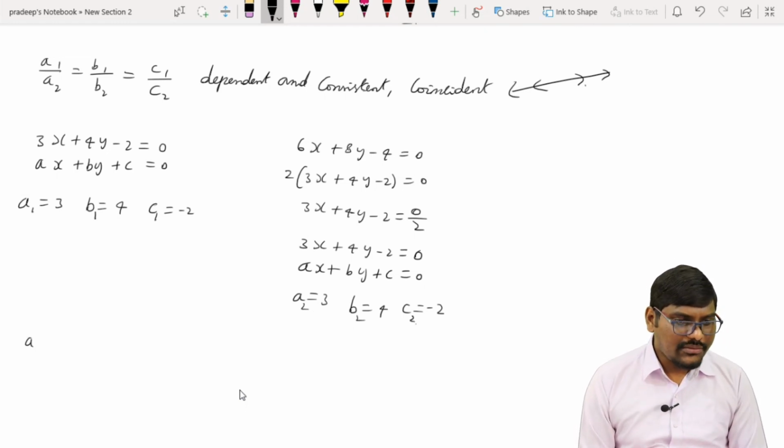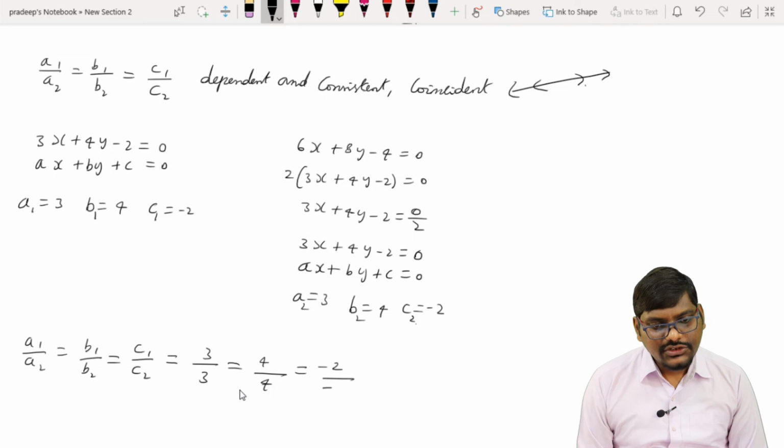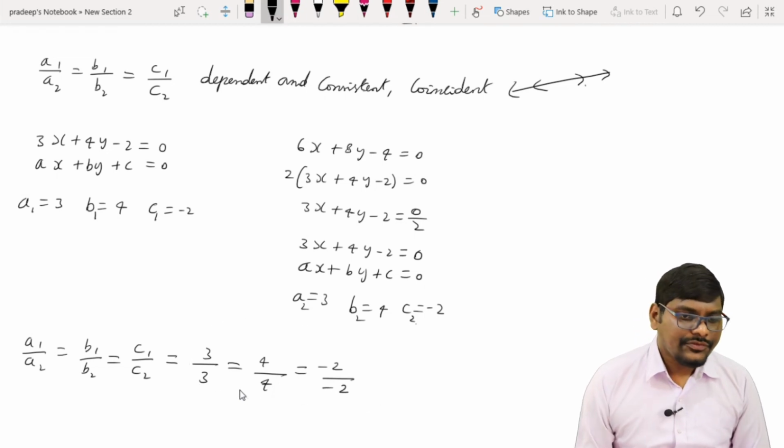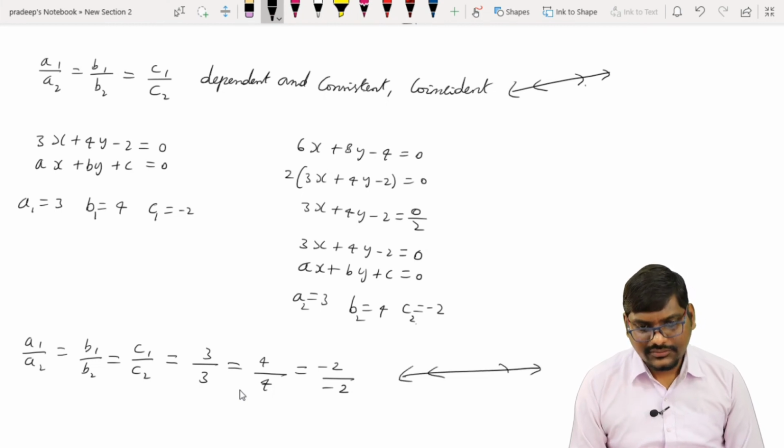So let's write in the format a1 by a2 is equal to b1 by b2 is equal to c1 by c2, where that will give a1 is 3, a2 is also 3, b1 is 4, b2 is also 4, c1 is minus 2, c2 also minus 2. See, everything is equal to one another, which means one line is passing through the other line.